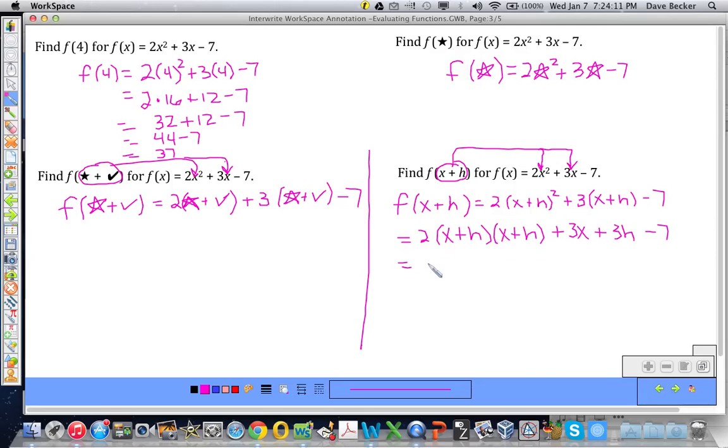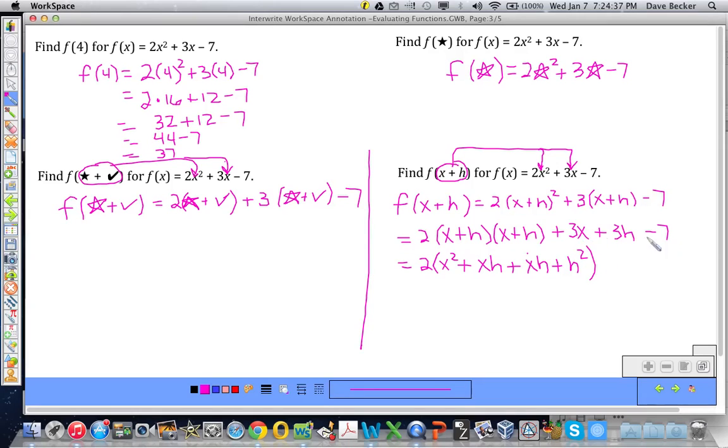So if I FOIL this, that would be 2 times x squared, x times x is x squared, x times h is xh, h times x is hx, but I'm going to go ahead and rewrite that as x times h because I've got another one right there, and I'm going to have to simplify that in a second. Plus h times h is h squared.